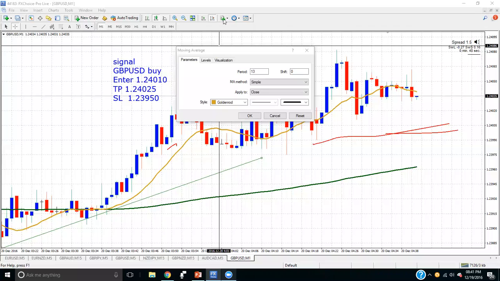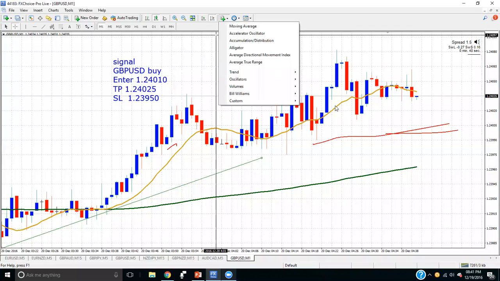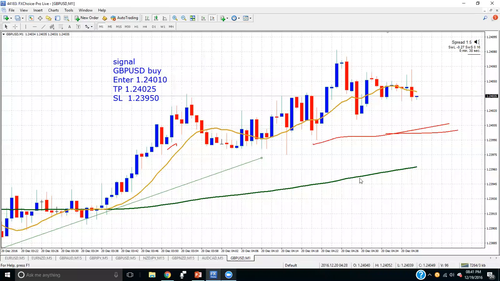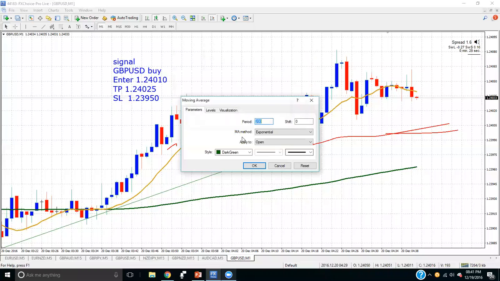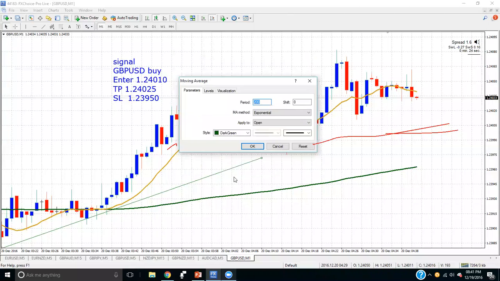This is going to be your moving average, and this is going to be the big one. This is the important one. This is what I call my profit line. This is my major cross.